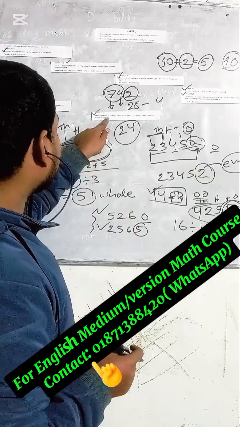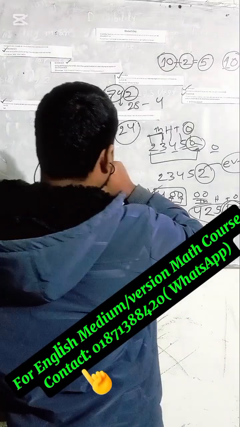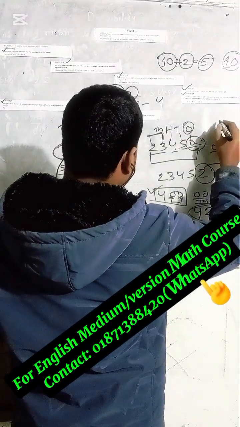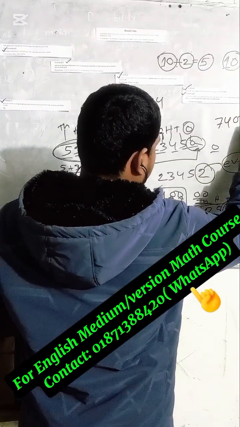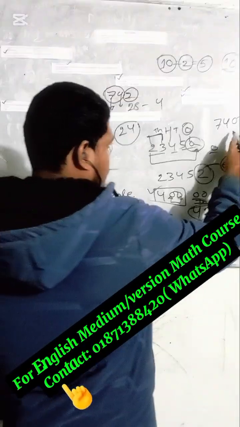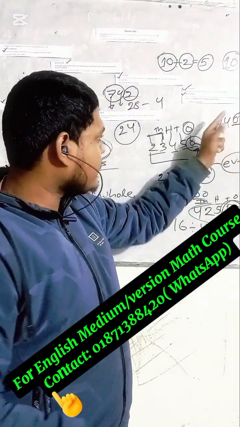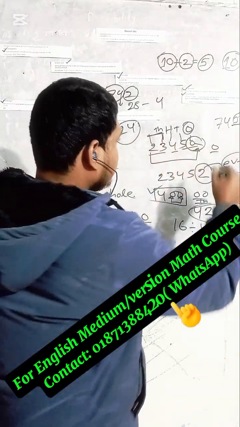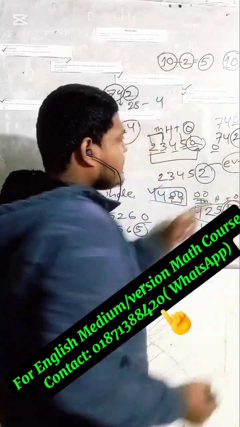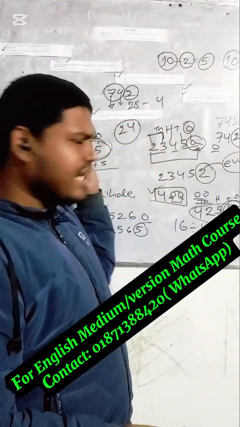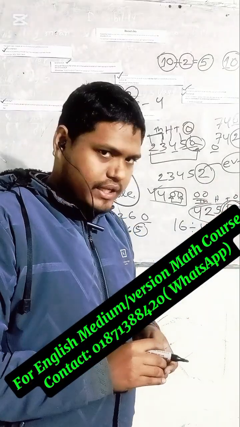For example, if the last three digits are triple zero, it's divisible by 8. Or 284. If the last three digits are divisible by 8, the whole number will be divisible by 8.